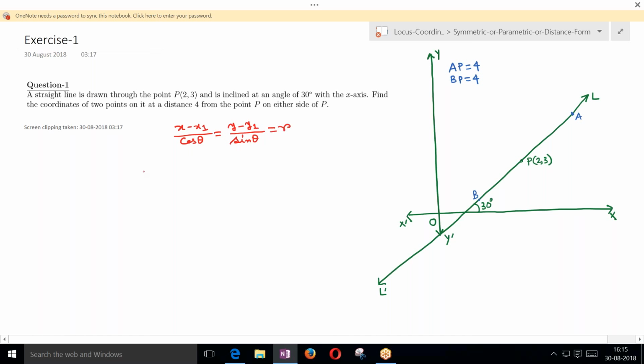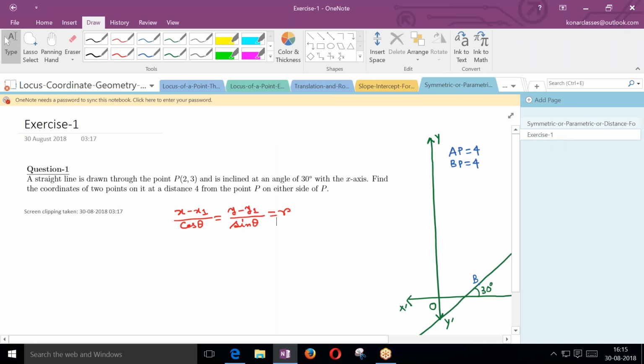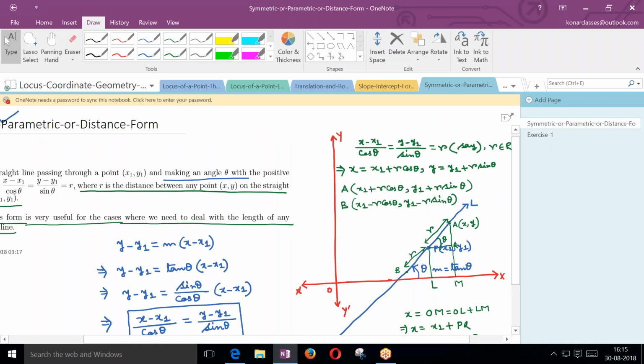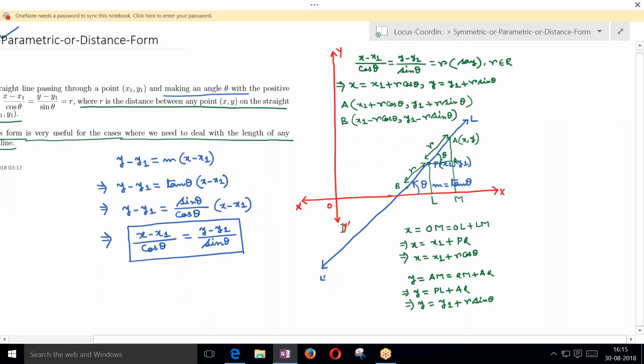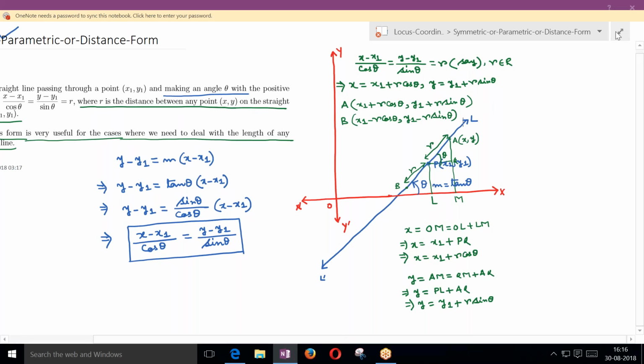Then there are 2 points we just learned, and we can go back to the theory for a quick look. The 2 points are: one is x1 plus r cos theta, comma, y1 plus r sin theta. And the other point is x1 minus r cos theta, comma, y1 minus r sin theta.